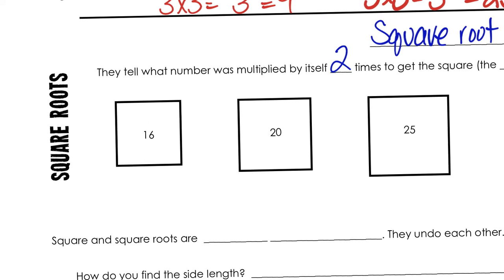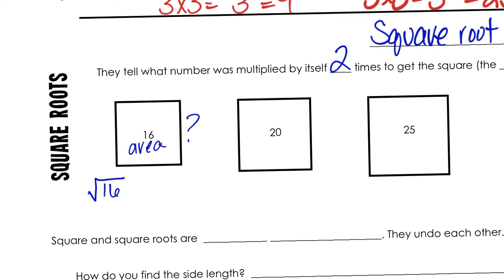So for example here, we have 16 as our area. What I want to know is, what is the side length? So in order to find this, we're going to use the square root. The square root is this funky little symbol here. So we're going to take the square root of 16. And we can do that by using Desmos.